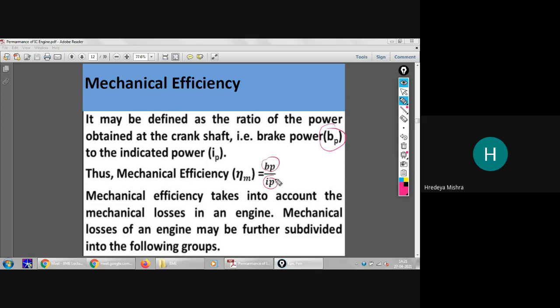So what happens? Mechanical efficiency takes into account the mechanical losses in an engine. Mechanical losses of an engine may be further subdivided into the following groups.